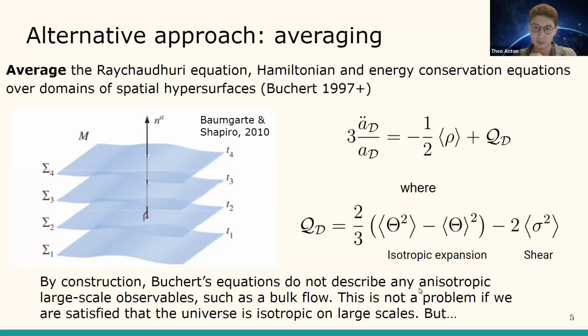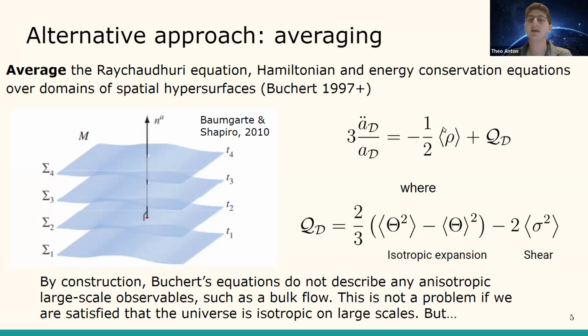So if we have this isotropic expansion theta, and if that has a sufficiently large variance, for example, then this Q can be very large and positive. And therefore, even if we just have non-relativistic matter, we could still potentially be seeing some acceleration, or at least the deceleration parameter might be slightly less negative than otherwise thought from a naive FLRW picture. So this is what's known as back reaction.